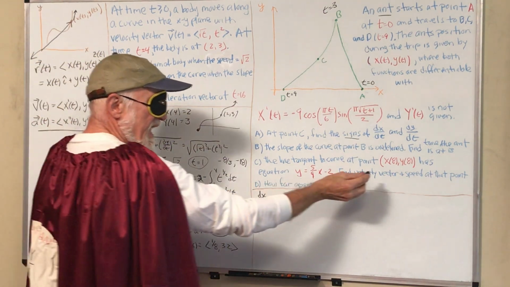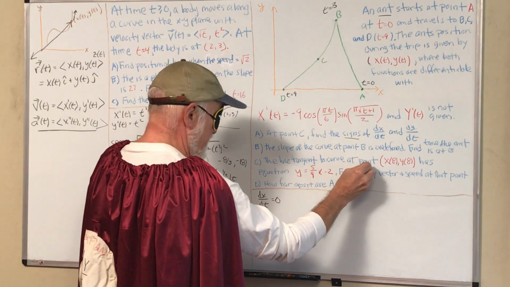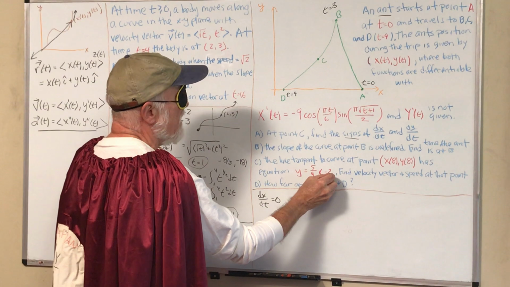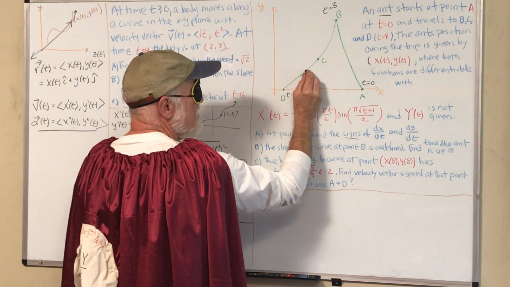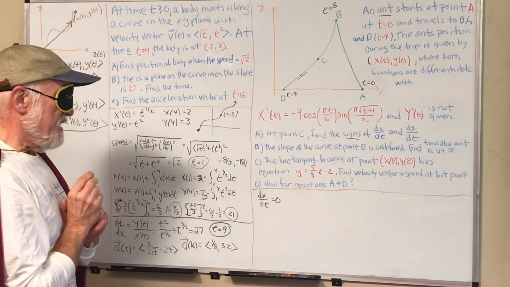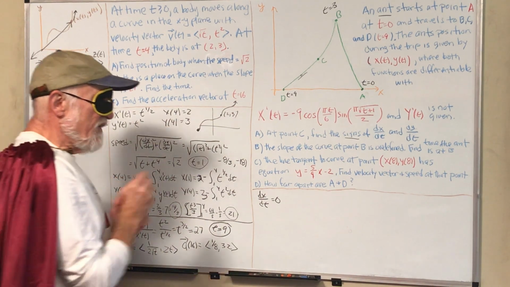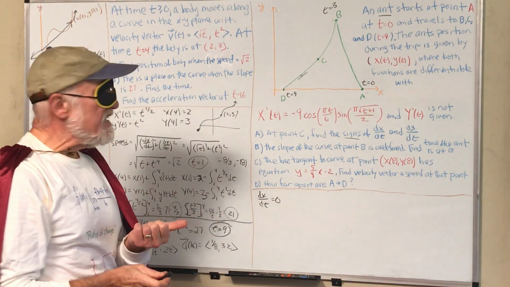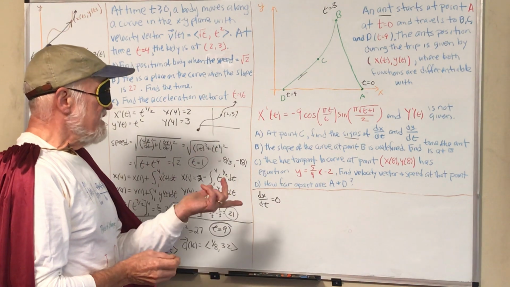Now, at time 8, the line tangent to the curve has the equation y equals 5/9 x minus 2. So maybe that's time 9, so maybe at time 8. Right there we know the tangent line. Find the velocity vector and the speed at that time. So we need to find dx dt and dy dt at time 8.